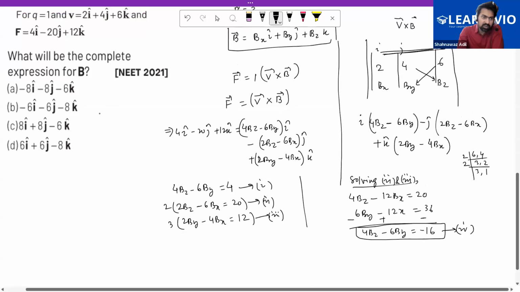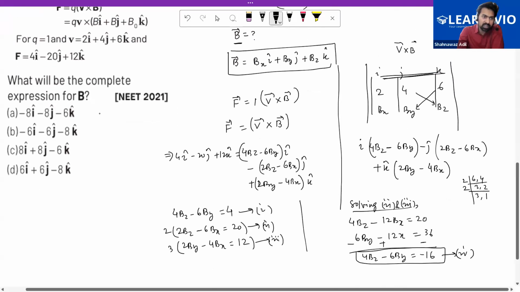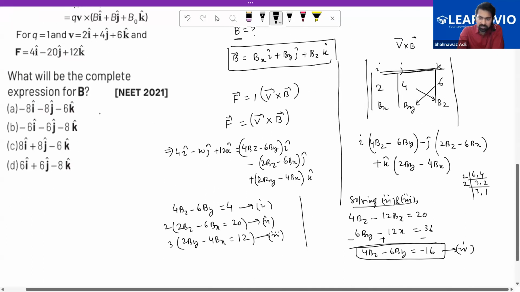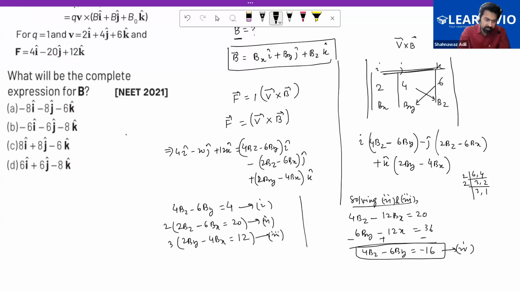So these two equations are parallel, right? If we see these two equations, we cannot solve these two equations. These are parallel equations, so there would not be any solution.